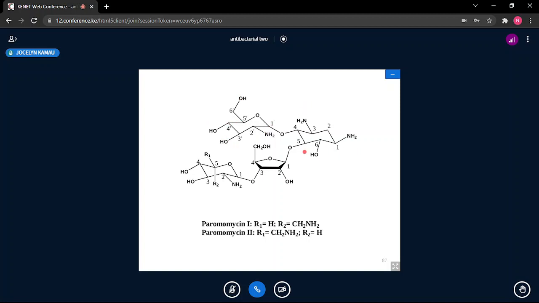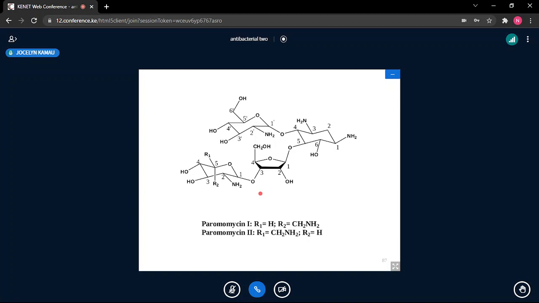And then if you look at this structure here, it is 2-deoxystreptamine. So that amino sugar is linked to this aminocyclitol, or the inositol, through glycosidic bonds at position number 4, and then at position number 5, again linked through glycosidic bonds to the ribose sugar. And there's a slight difference that we also have the ribose sugar linked to a third amino sugar through glycosidic bonds.